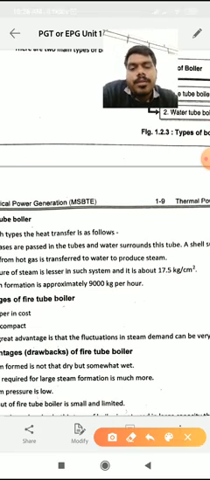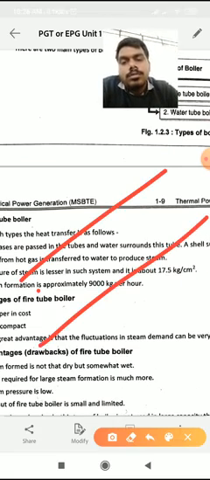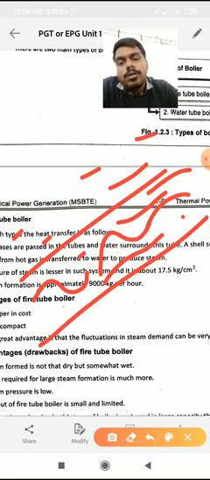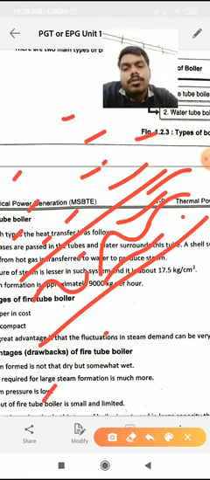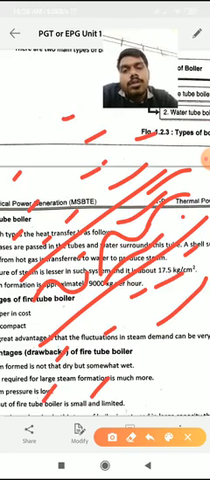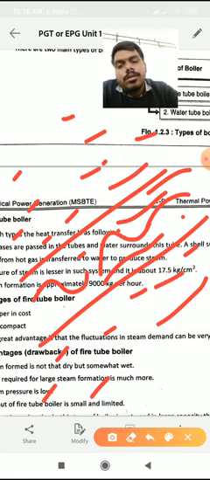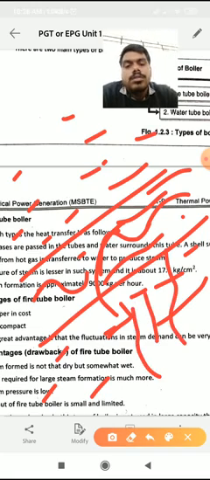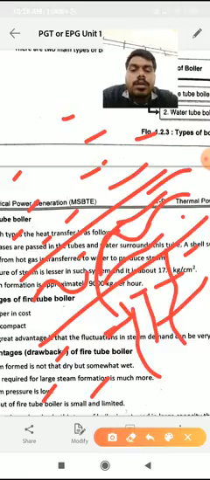These are the gases, and outside there will be water. So the gases inside the tube will heat the water, and due to the heating the water will release steam.